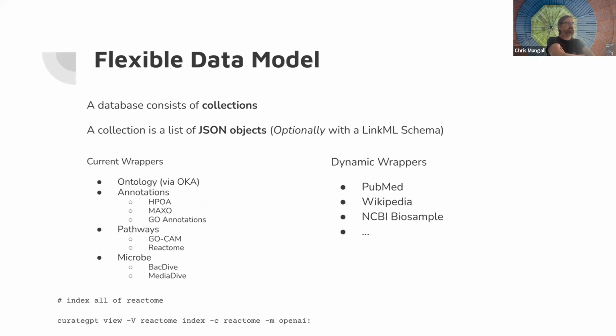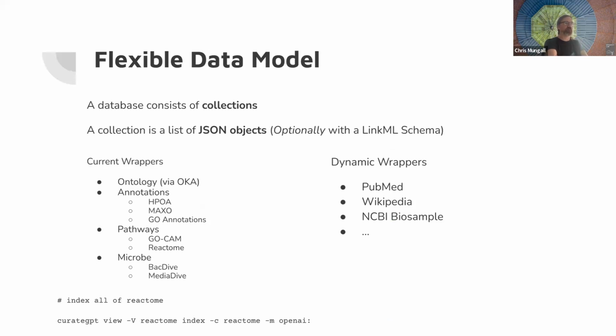So the basic data model here is it's not using knowledge graphs or anything like that behind the scenes, so that might sound a little bit heretical. It's just got a very simple data model, which is the database consists of a set of collections. And a collection is really just a list of JSON objects. You can optionally specify a LinkML schema for those objects, and that comes with some advantages.